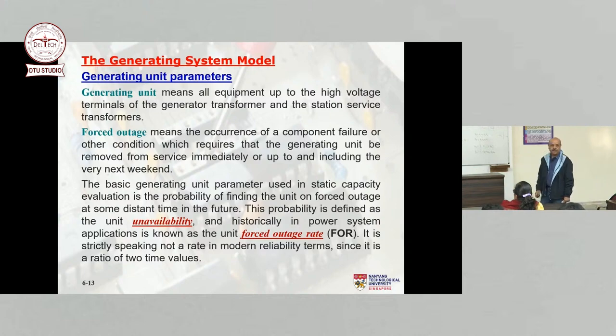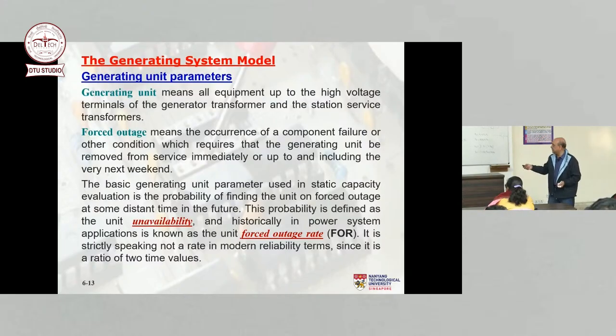Now, strictly speaking, the unavailability cannot be a rate. Remember the equation for unavailability? Unavailability is lambda over lambda plus mu. Availability is mu over lambda plus mu, correct? So lambda is failures per year and the denominator is failures per year plus repairs per year, right? So normally it's not a rate.